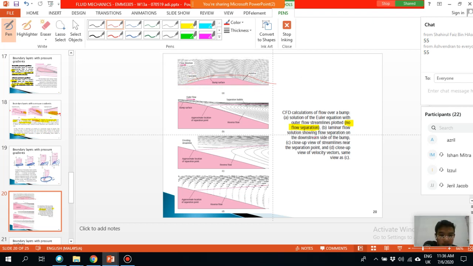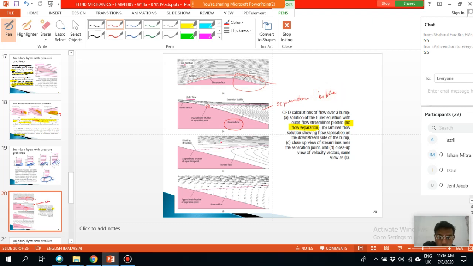B1 is the laminar flow solution, with flow separation on the downstream side of the bump. The flow goes down, but there is a separation point here. The moment a separation point happens, the flow in this area becomes reverse flow, or what we call a separation bubble.